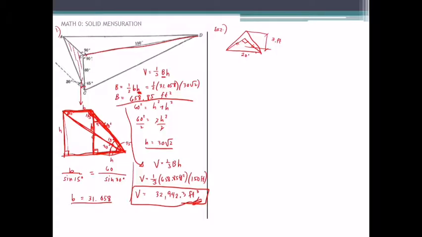Now, it is also given that 1 ton is 35 cubic feet. So we will express our answer in terms of tons.